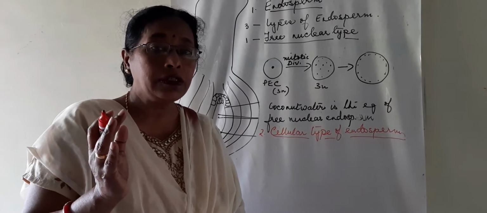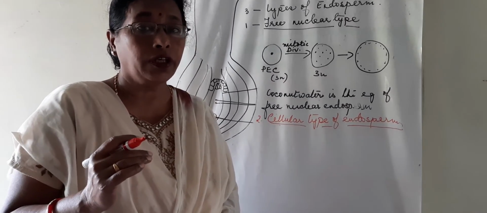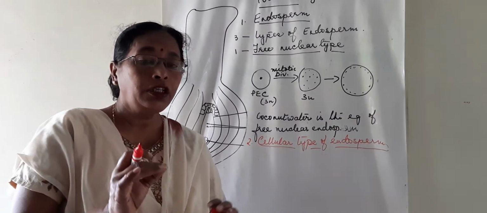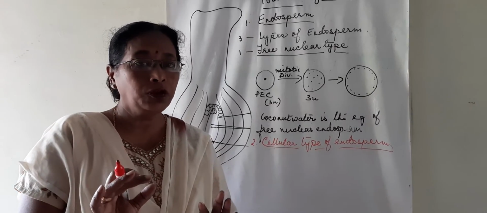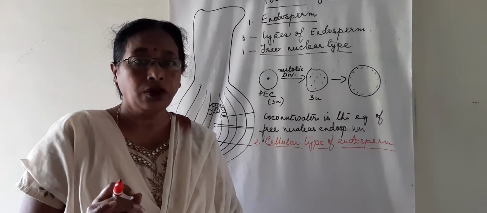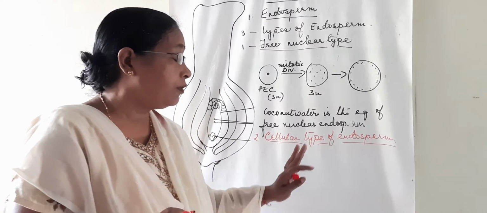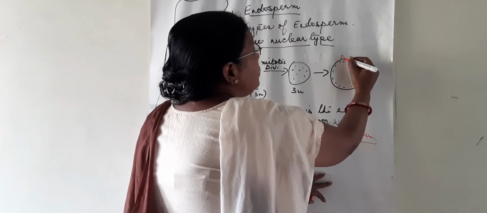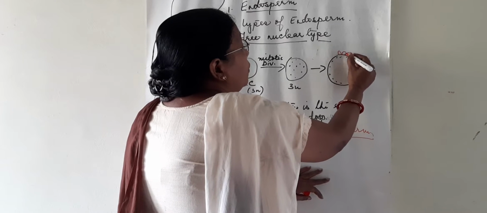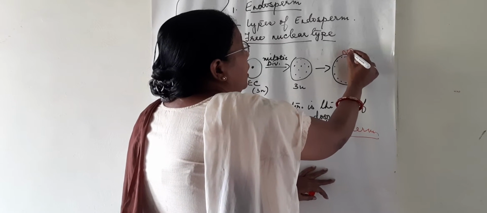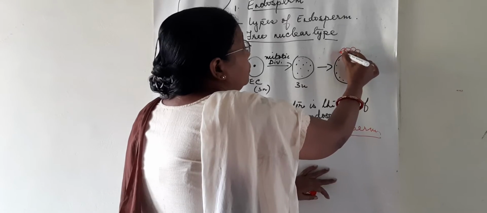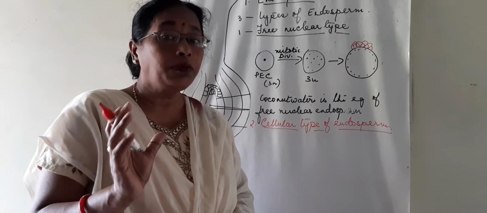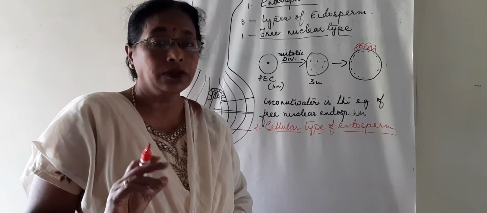First the nucleus divides and then the cytoplasm also divides. This can also be seen in the coconut. The free nuclear division of the endosperm we saw in the watery portion of the coconut. Now, cellular type of endosperm division is seen in the periphery, that is, the nucleus along with the cytoplasm will divide and form a layer of cells. So this gives rise to the solid portion of the coconut, the edible kernel.